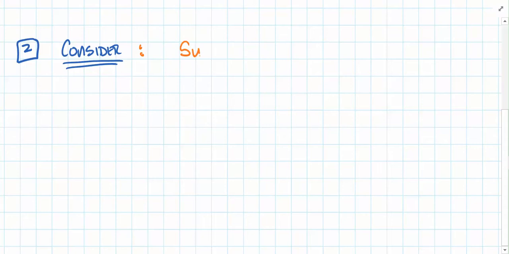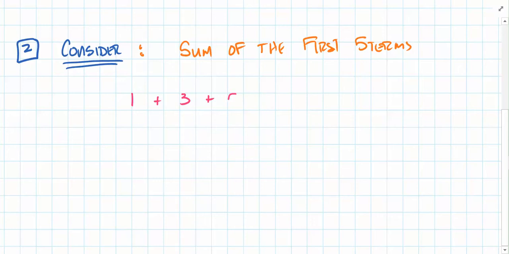Let's say I am interested in the sum of the first 5 terms of this particular sequence, and here's the sequence here. Let's do 1 plus 3 plus 5 plus 7 plus 9. And then we could keep going dot, dot, dot, and I'll ask you in a minute what that is.